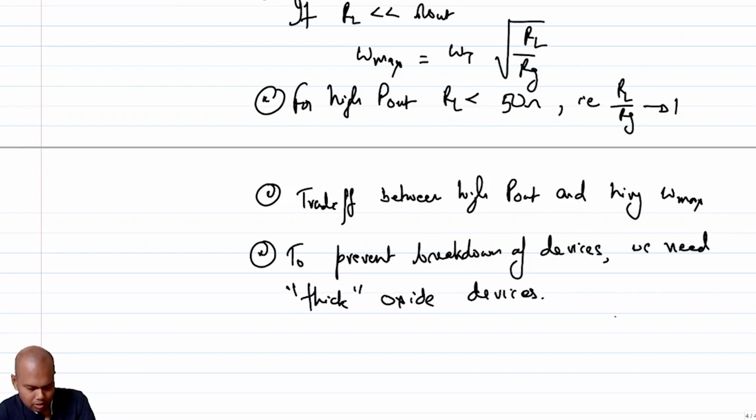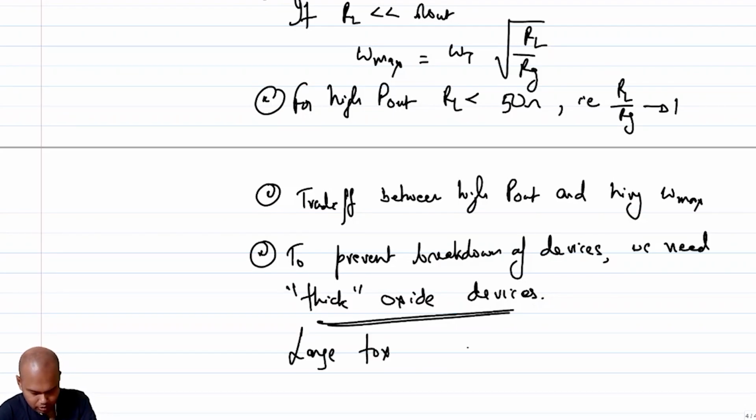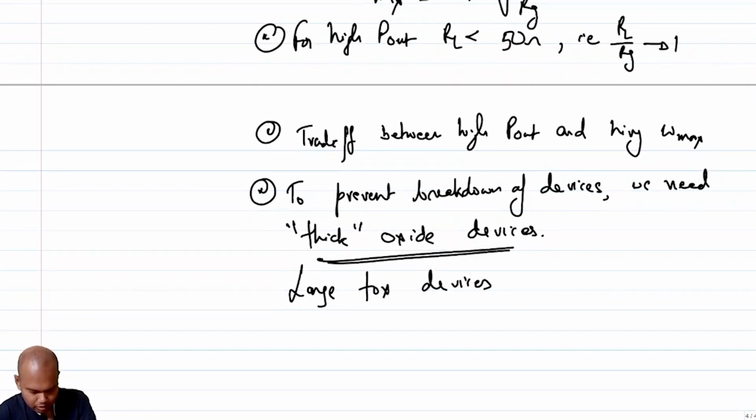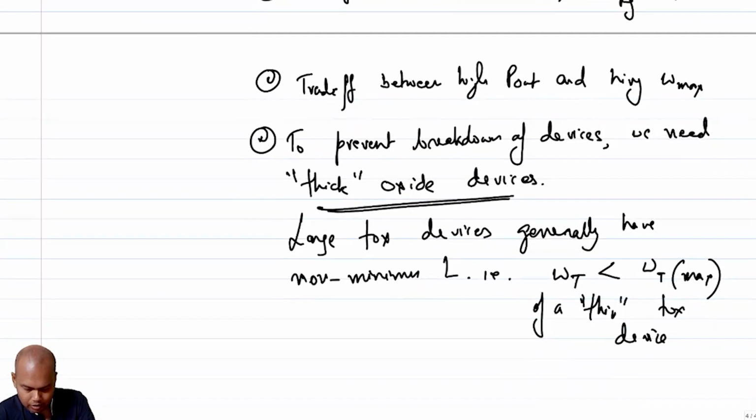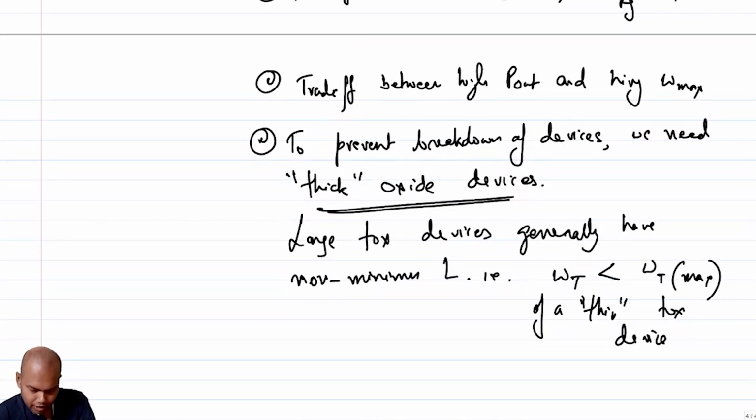Large TOX devices generally have non-minimum L, which means their omega t is less than omega t max of a thin TOX device. So this is a bad thing.